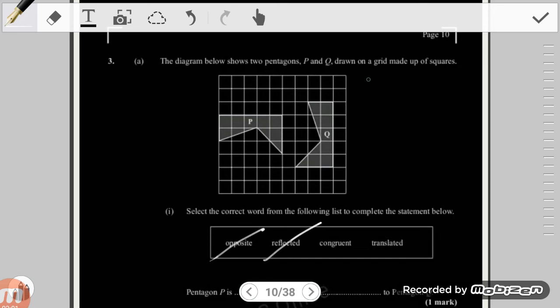Congruent. The word congruent. Alright, so by definition the word congruent means equality in all respects.